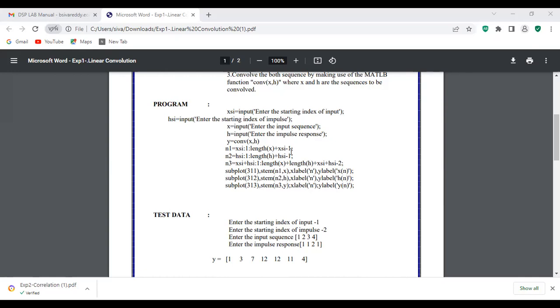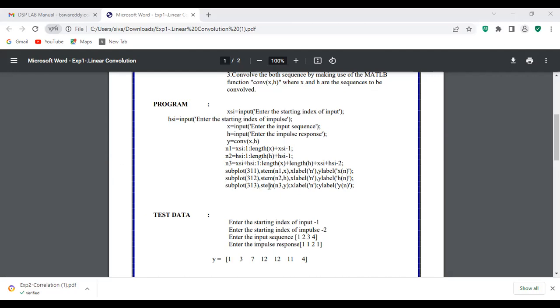So 3 minus 2. Here xsi indicates the initial value, 1 is the increment, and the final value is length of x plus xsi minus 1. The length is 4. Plus xsi, which is -1, so 4 minus 2 equals 2.